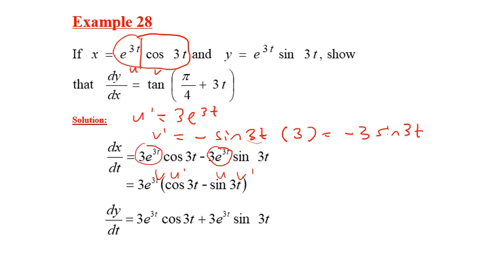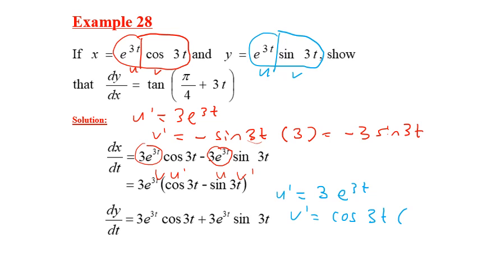Right, next for dy dt. So I show with a different color. Okay, so again also we have u and v here. Then don't forget u prime is also 3e3t, and this time differentiate sine is cos, cos 3t, and also don't forget differentiate 3t, that is 3. So we got 3 cos 3t.